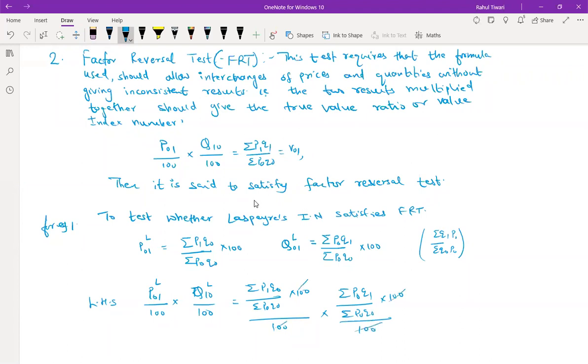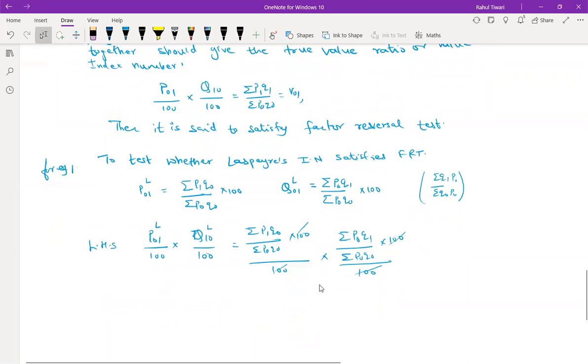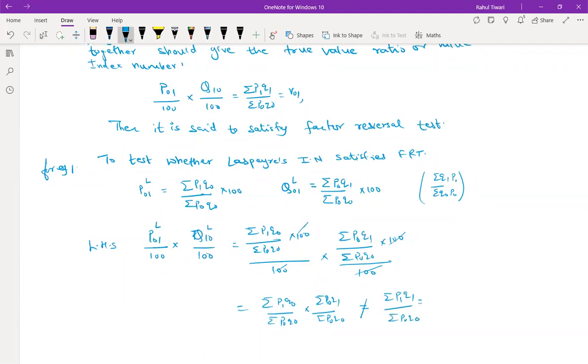This gets cancelled. What is remaining is nothing but summation P1 Q0 upon summation P0 Q0 multiplied by summation P0 Q1 upon summation P0 Q0. But is this equal to V01? So this is not equal to summation P1 Q1 divided by summation P0 Q0. Hence, not equal to V01.